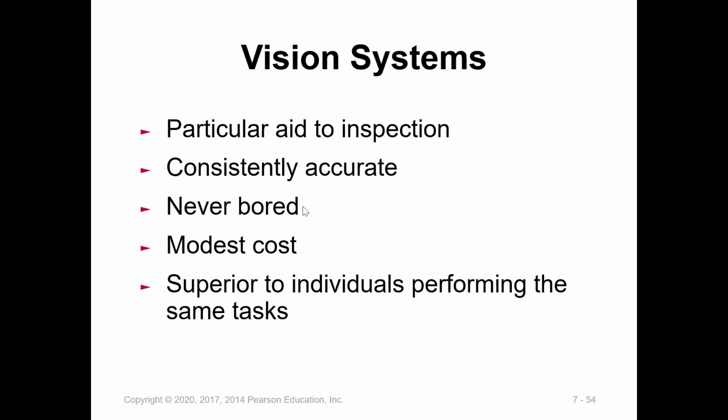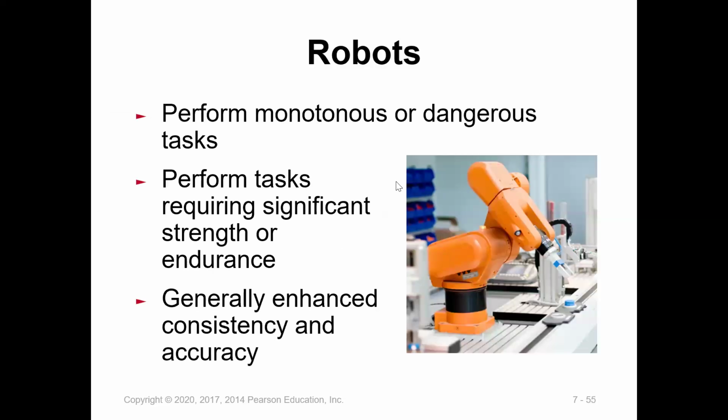Inspection aids and machine vision systems, robots. Oh, we talked about robots. Now, like most industrial facilities, they have automated some of their processes, because these robots perform tasks requiring significant strength or endurance, and generally enhance consistency and accuracy.